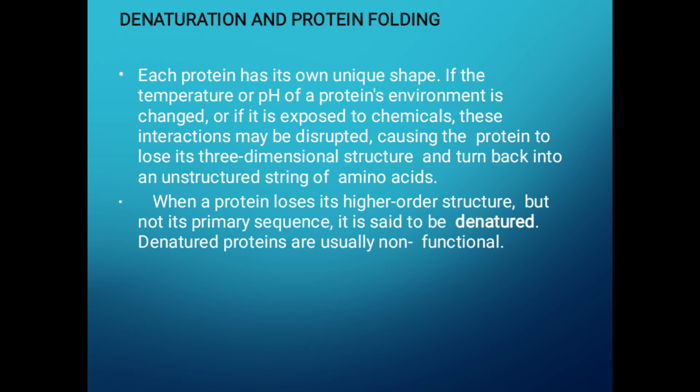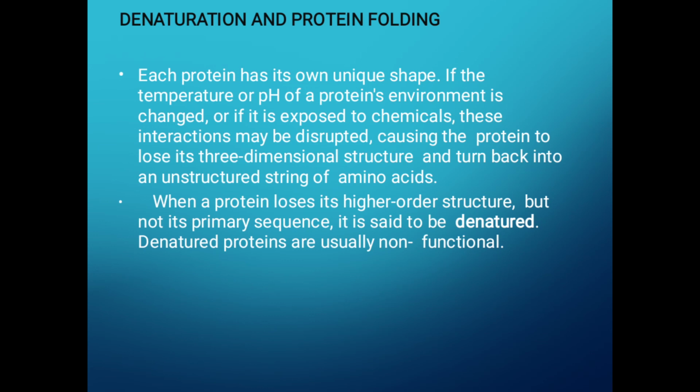So if the temperature or pH of the protein's environment is changed, or if it is exposed to chemicals, these interactions may be disturbed, causing the protein to lose its three-dimensional structure and turn back into an unstructured string of amino acids.